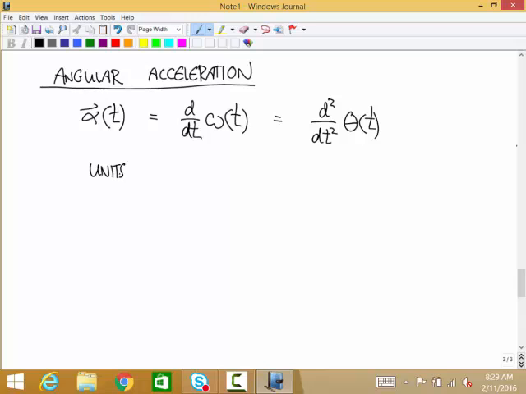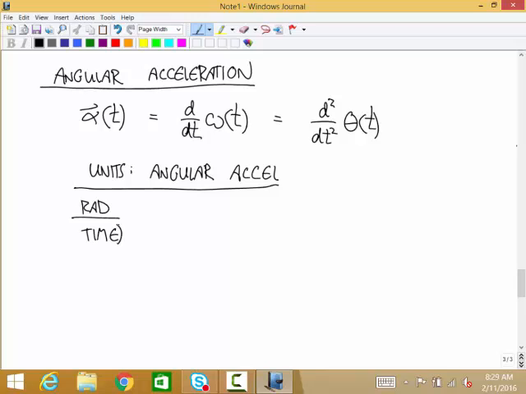The units for angular acceleration, no matter what system of units you're using, are going to be radians per time squared. And in SI units, they're radians per second squared.